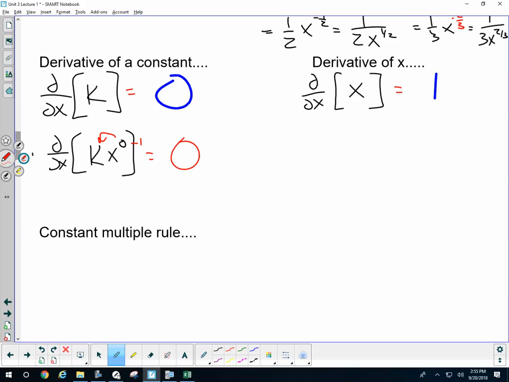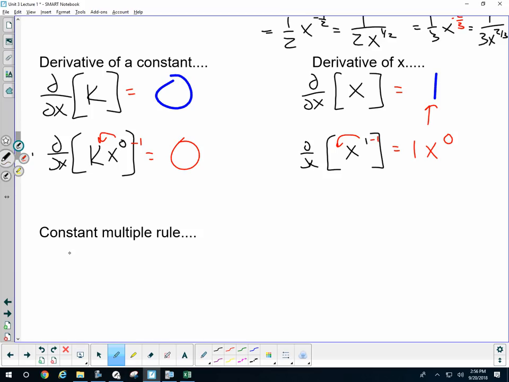That would just be 0. Here, using the power rule, if you wrote this as x to the first, move that down, you subtract 1, what do you get? 1x to the 0, that's just 1. Okay? So, power rule works for that.